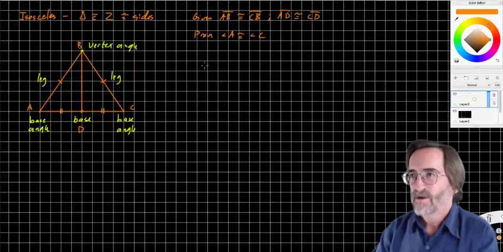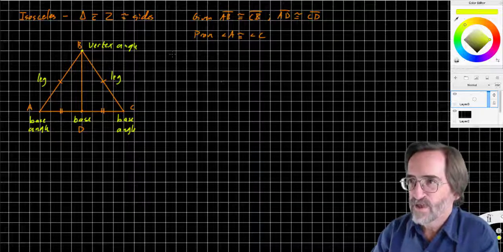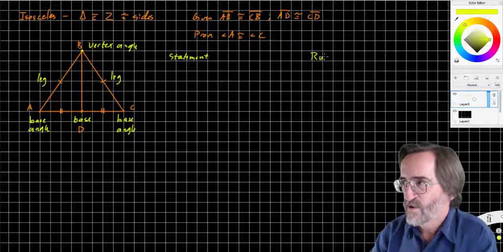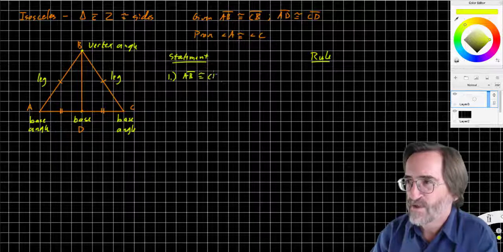So let's start with our proof here. We're going to start with our statements and our reasons. The first statement is usually the given, and I'm not going to break that rule here. AB is congruent to CB, and AD is congruent to CD.